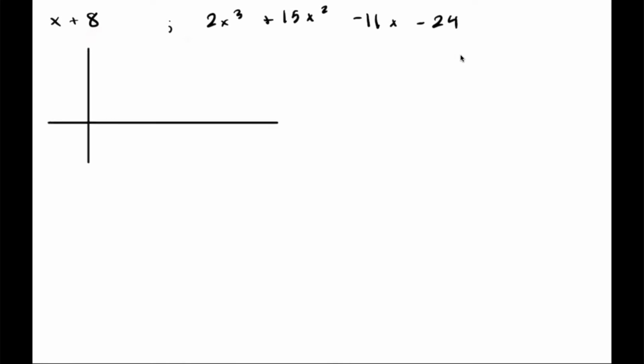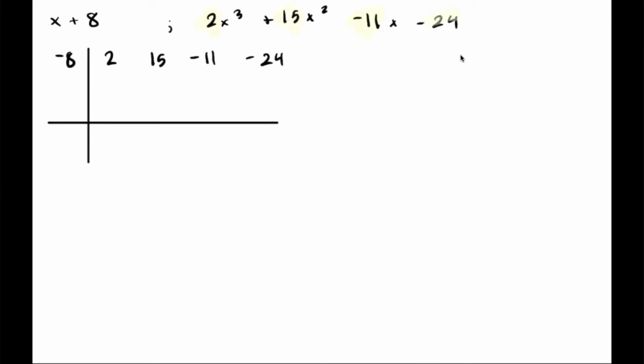So a is negative 8, and the coefficients are 2, 15, negative 11, and negative 24. Why did I just write these instead of adding a 0?